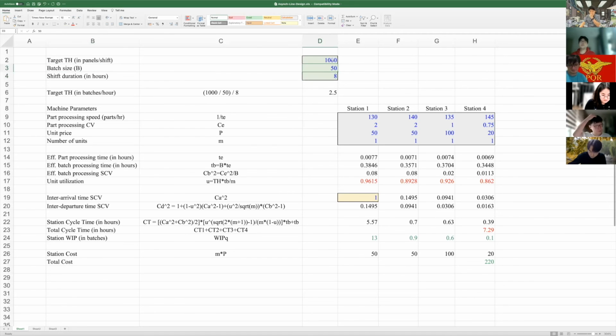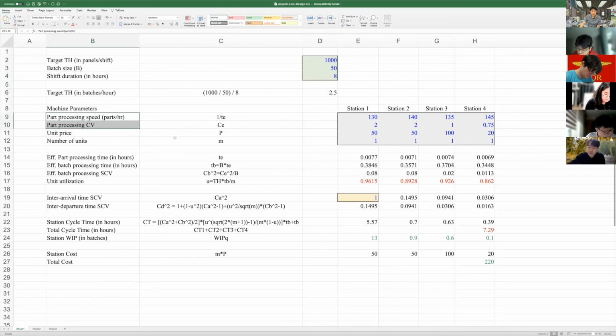If we insert 10,000 products per 8 hours, and products are moved by group of size 50, then the target throughput can be calculated in terms of batch. It means that 2.5 batches per hour is the target throughput.